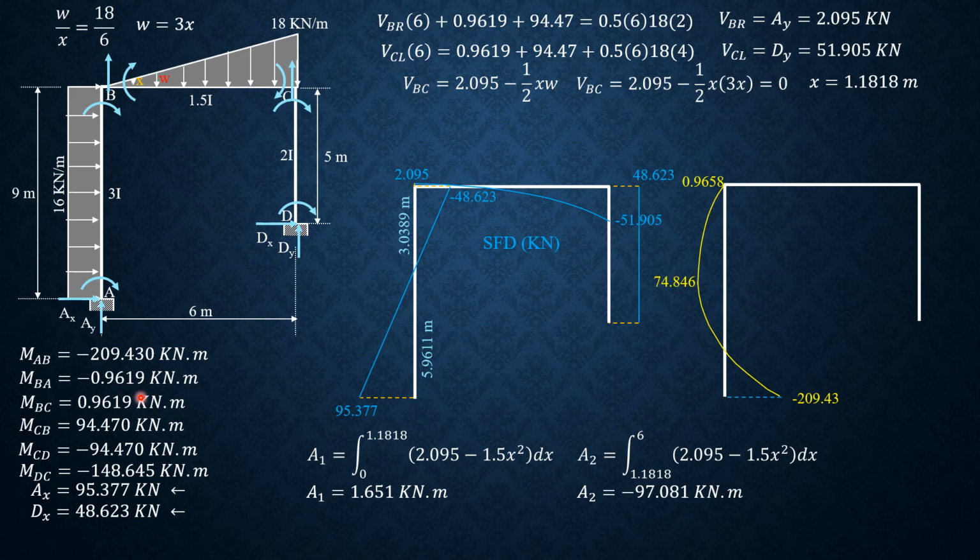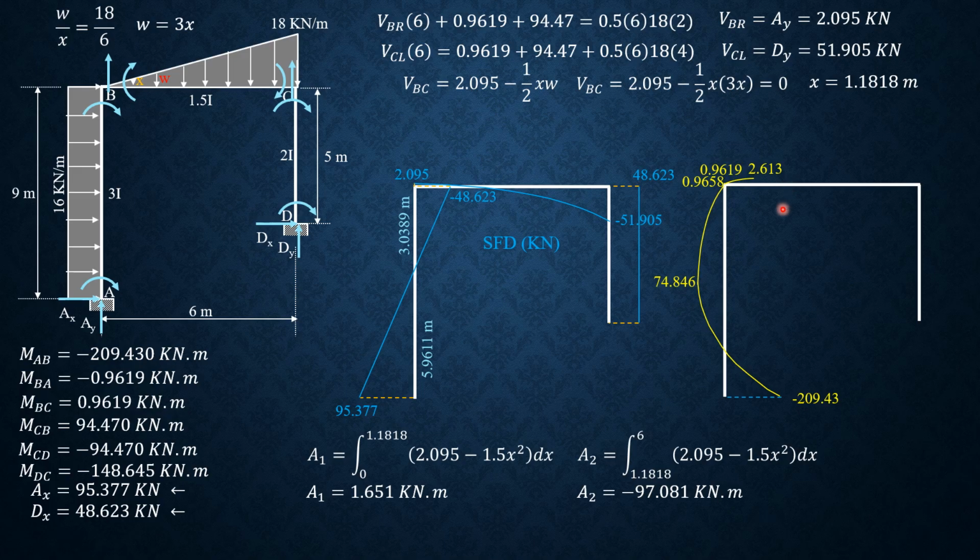It is expected to be 0.9619, but because of rounding off of this distance, that's still fine. Then we begin with 0.9619, then plus this area, which is 1.651. 0.9619 plus 1.651 is equal to 2.613.